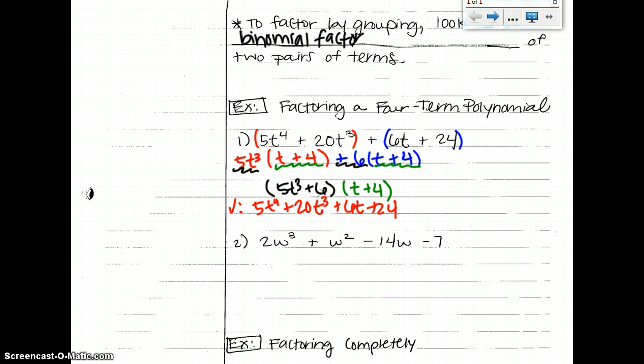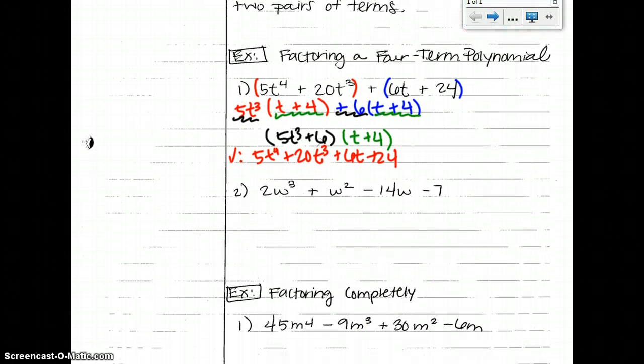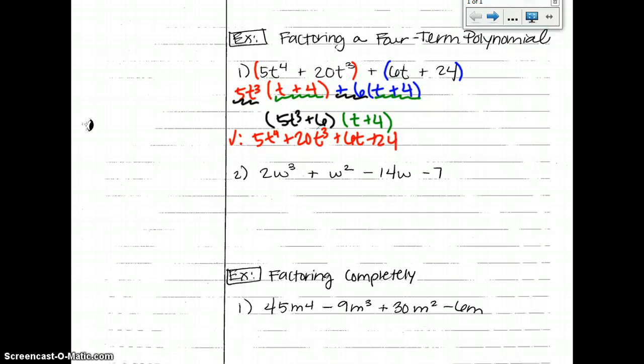Okay, let's go ahead and move down to our next example. 2w cubed plus w squared minus 14w minus 7. Right away I'm going to change this to plus a negative, plus a negative. We are going to group our first 2 terms and then group the second 2 terms.